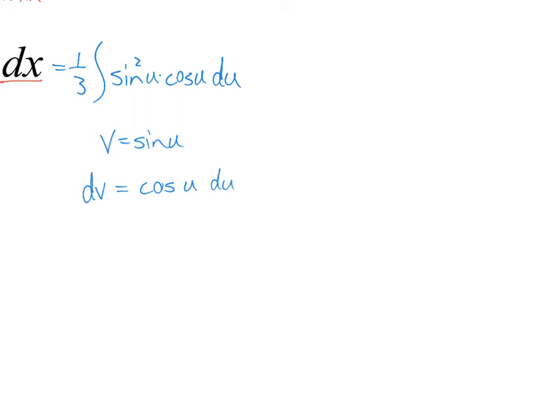Okay? So now if I do substitution again, I have 1/3 times the integral of v squared. And notice here, cosine u du is right here. So that right there is just dv.